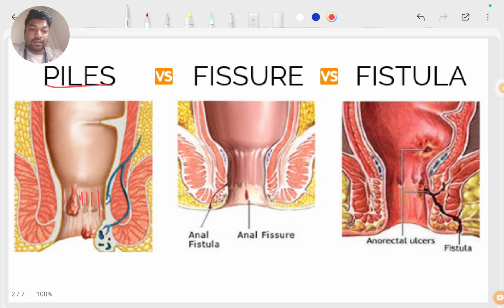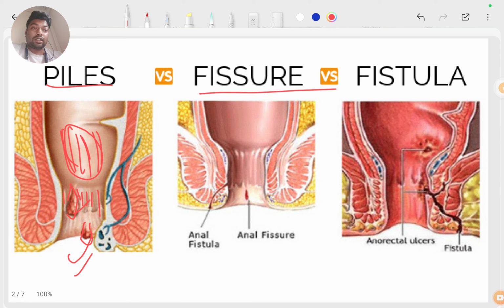These veins get enlarged, or we can say bulged, when hardened stool passes through this area. These bulgings may be inside and also outside. If it is inside, we call it internal hemorrhoids, and if it is outside, we call it external hemorrhoids.